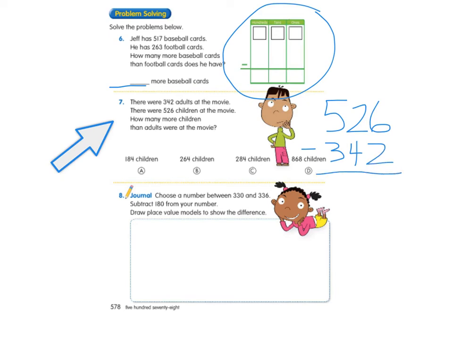Please write your work off to the side. Once you figure out the answer, go ahead and fill in A, B, C, or D. Go ahead and push pause when you are ready to move on. You can push play for number 8.